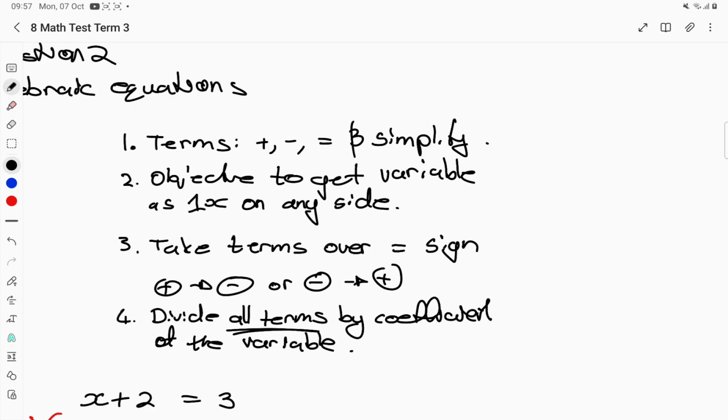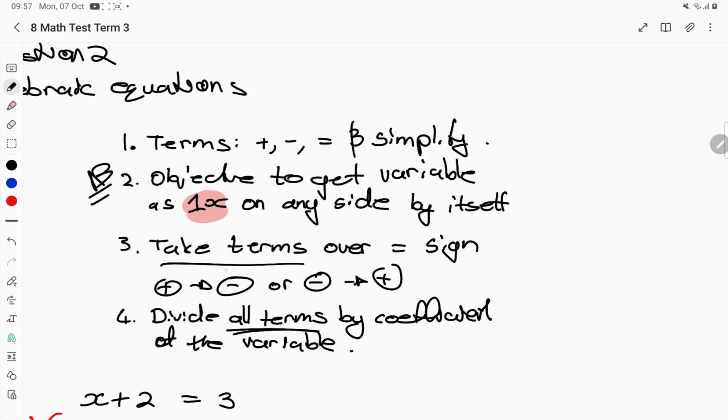Number 2, the objective is to get the variable as a 1x or a 1y or something on any side by itself. That is your objective. You want to get the variable you're trying to solve for, which will be x mostly, by itself as a 1x value, or just an x value. That's very important to think like that.